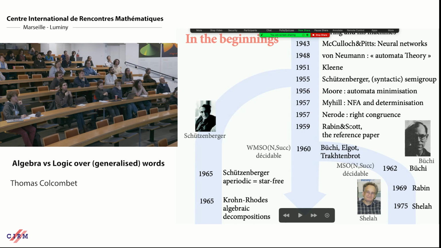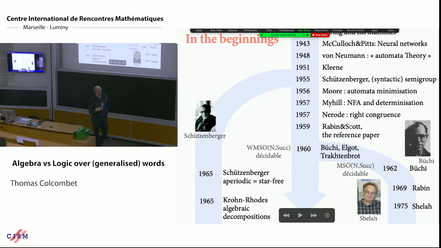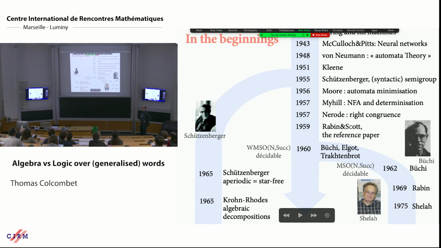And at some point you get this work of Schützenberger, which is the origin of the left branch. Schützenberger says, if you are a regular language of finite words, it's the same to be recognized by a semigroup or a monoid, and there is even a minimal one, which is called the syntactic monoid. So this is the starting point of the algebraic branch. And then the story goes on. People discover non-deterministic automata. There is this notion of congruence. There is this famous paper of Rabin and Scott, who got the Turing Award.